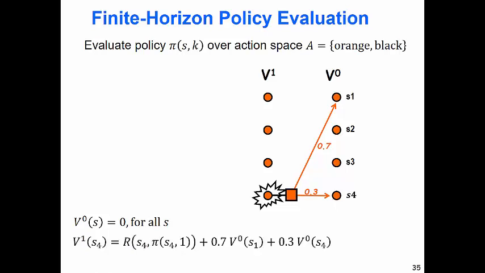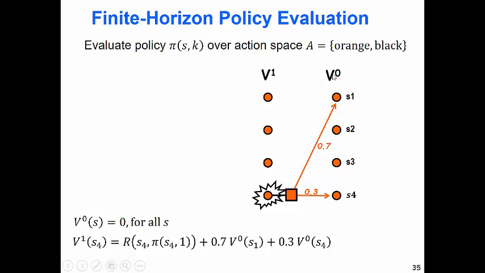The total expected value at this state for this time step is going to be the reward you get for taking that action. This is the immediate reward, plus the expected value of the reward you get after 1 step. And if you had 1 step to live here and you take an action, you're going to have 0 steps to live.